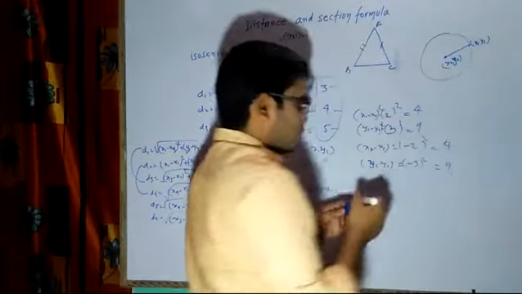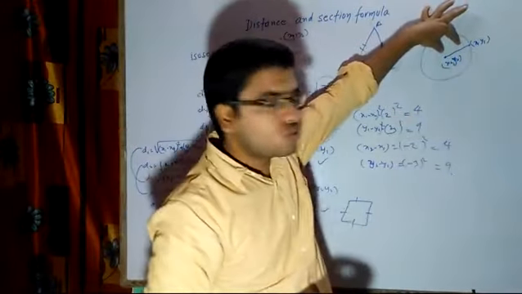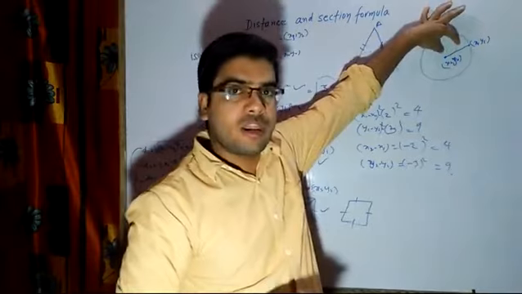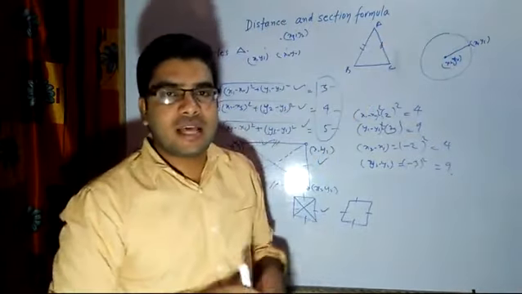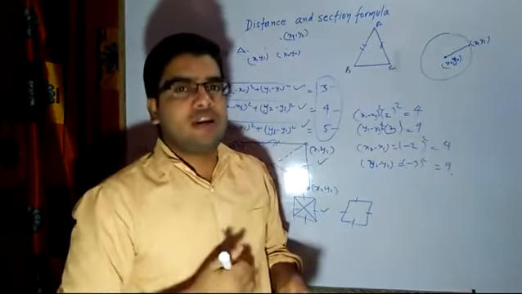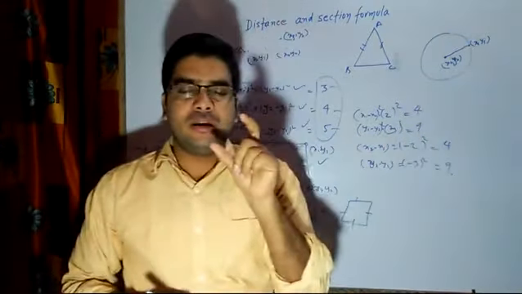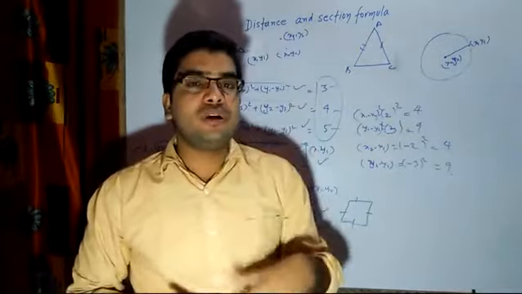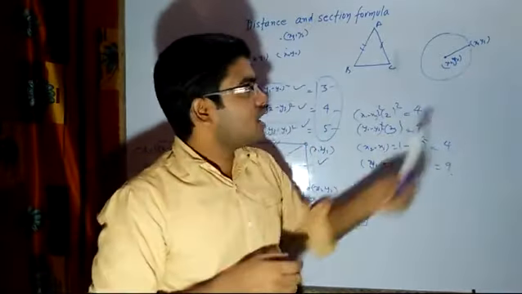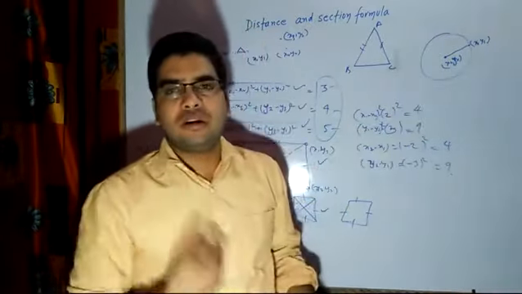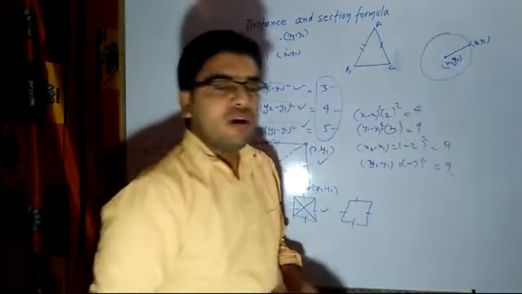Then the distance between these two will be called the radius. Then they will ask you what is the length of the diameter. Actually they will give you the coordinates for the radius, but they will ask you the length of the diameter. So the first task is to calculate the radius and then double that radius, it will be equal to the diameter.